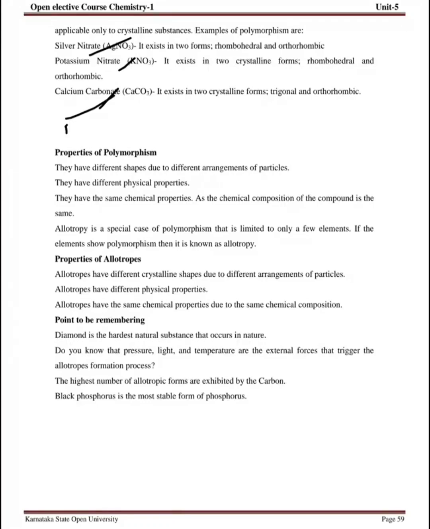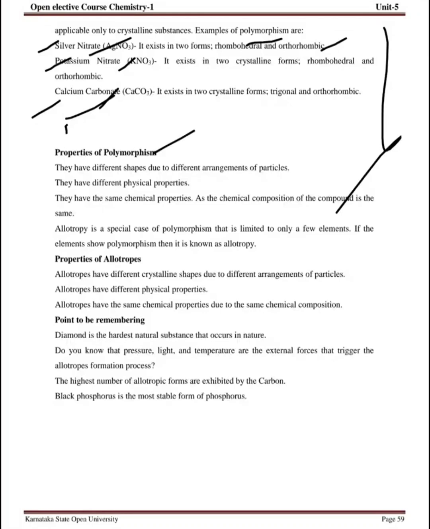For example, it exists in two forms, rhombohedral and orthorhombic. The structures are different but they have the same chemical properties.